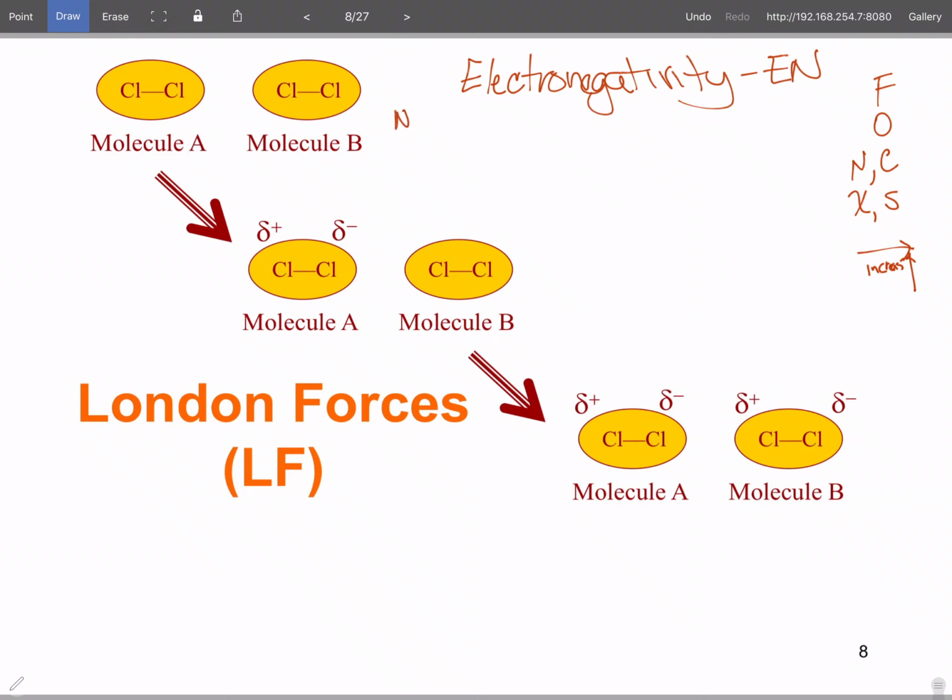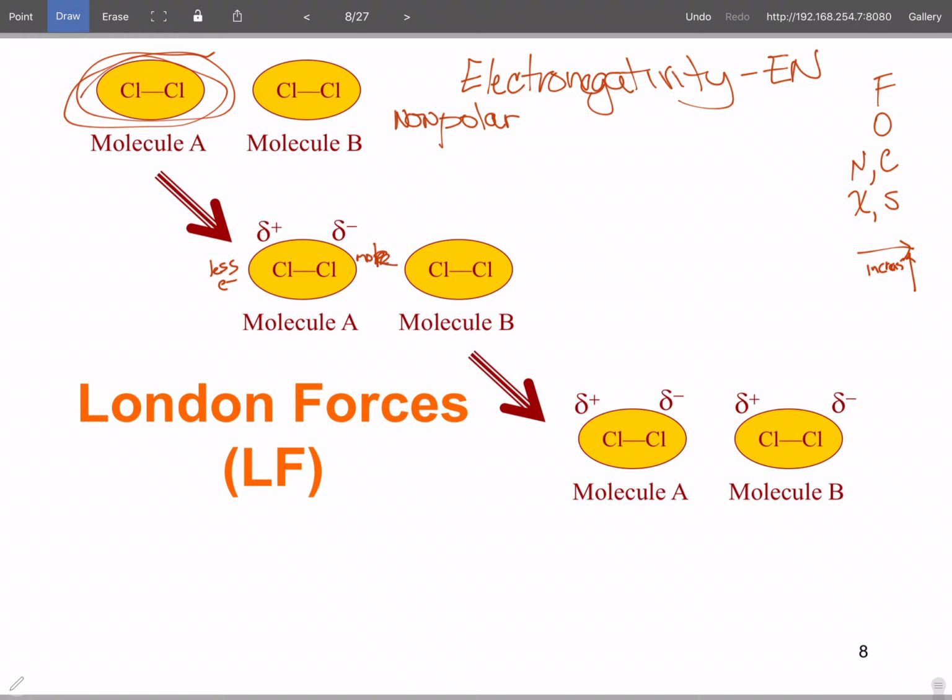This is a non-polar bond because the electrons are evenly shared, because the difference in electronegativity between two chlorines is 0. So what happens is if you think about the electrons going around in circles like laps, then at some point in time you end up with fewer electrons on one side and more electrons on the other side.